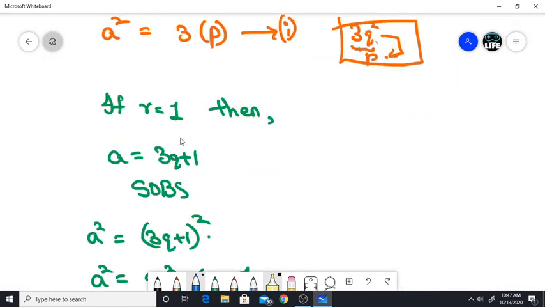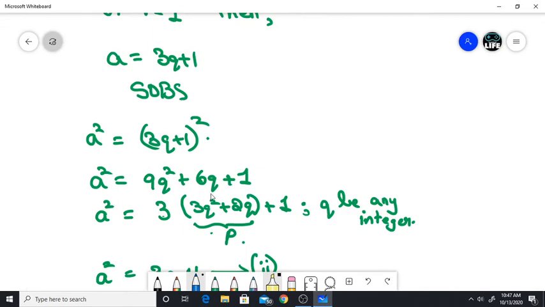If r equals 1, then a equals 3q plus 1. Squaring on both sides, we get a square equals 3q plus 1 whole square, and it is in the form of a plus b whole square. Change it into a square plus 2ab plus b square, then we get 9q square plus 6q plus 1.